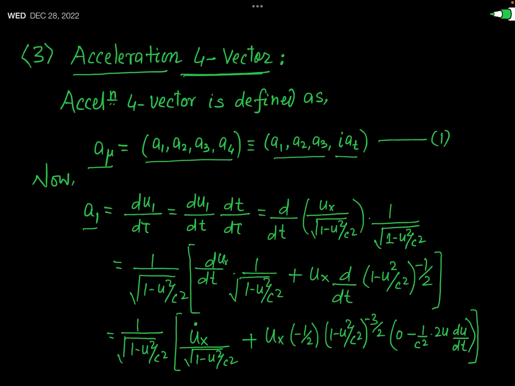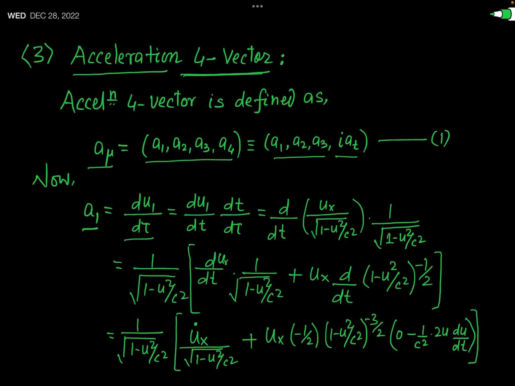Acceleration means the time derivative of velocity. It means when you differentiate the velocity with respect to time, you get acceleration. So the first component A1 of the acceleration 4 vector will be defined by du1 by d tau. Again, remember that this tau is the proper time.